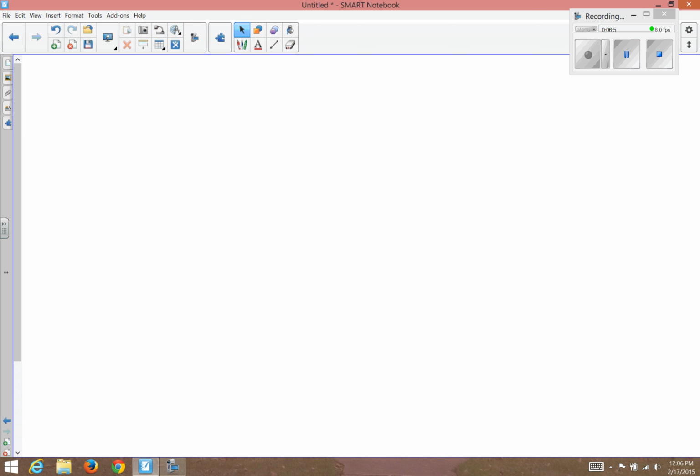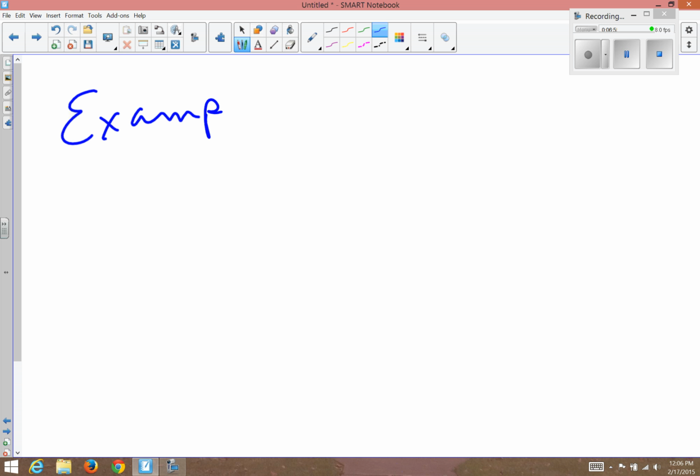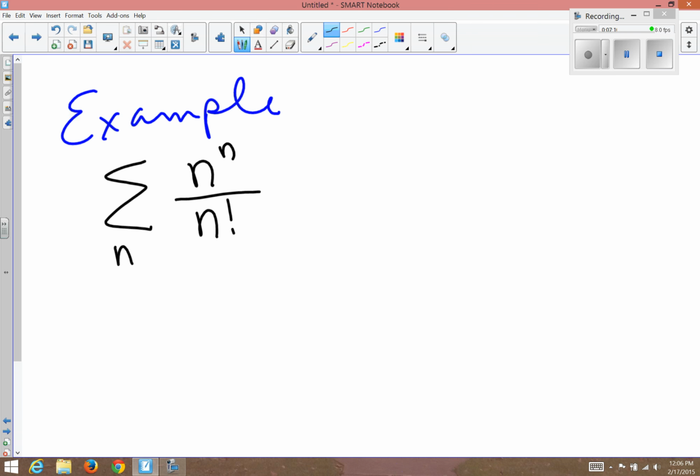Okay, another example. Sigma n raised to the nth over n factorial. In this example, the nth term is what's next to sigma.